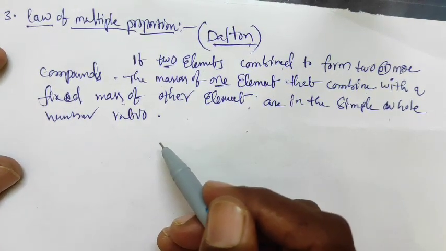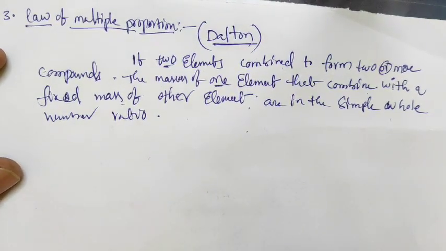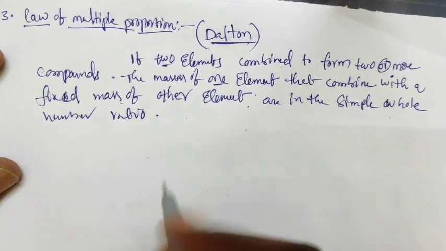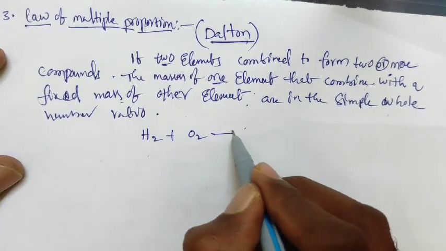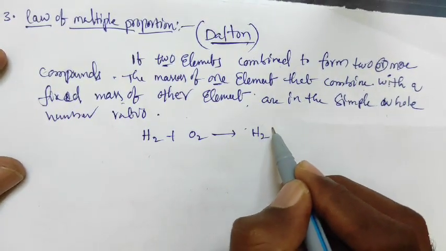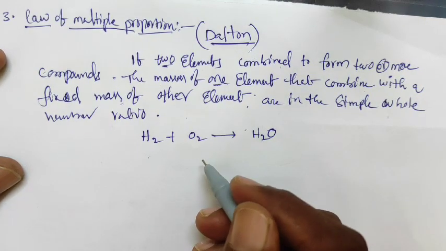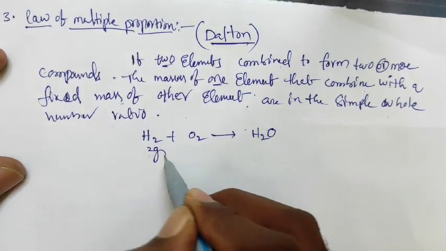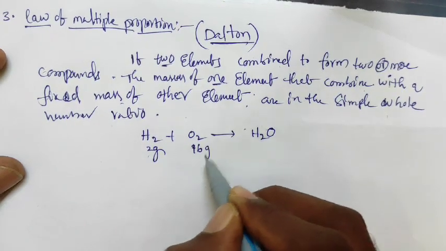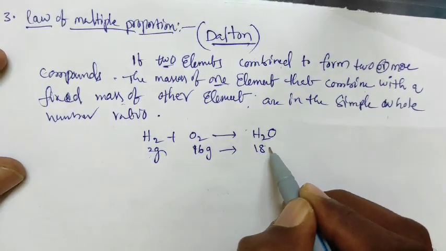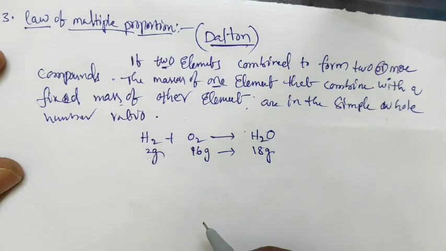I will give one example: hydrogen combined with oxygen to form H2O. 2 grams of hydrogen combined with 16 grams of oxygen, we will get 18 grams of water.